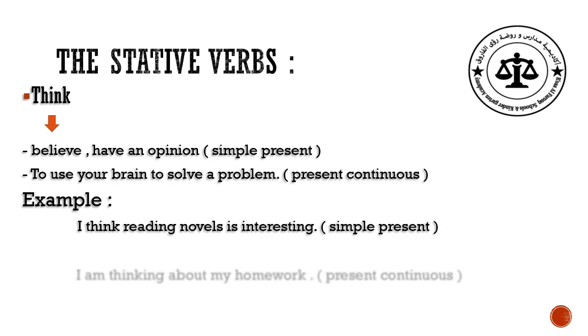Examples: I think reading novels is interesting. This is your opinion about reading novels. So we use think in simple present because this is your belief or your opinion about it. But the second example is I'm thinking about my homework.